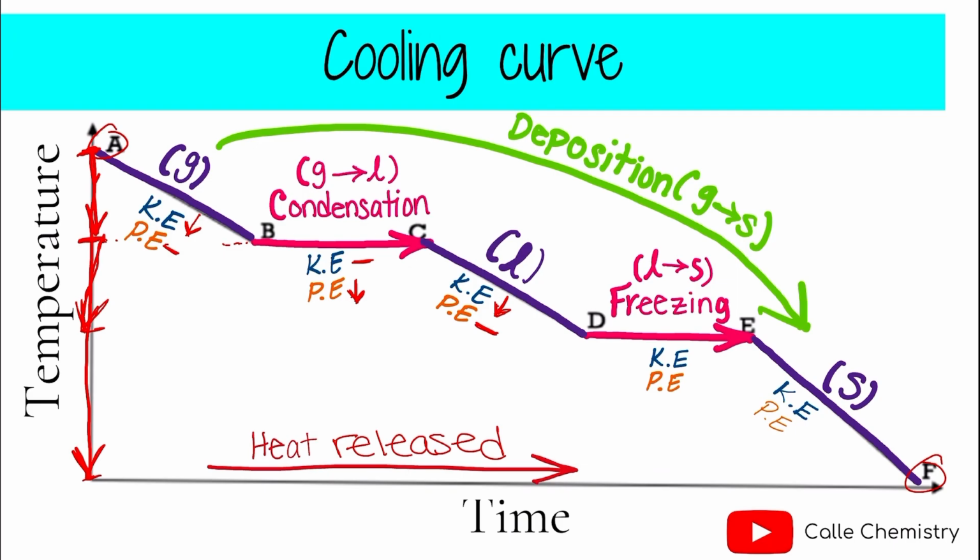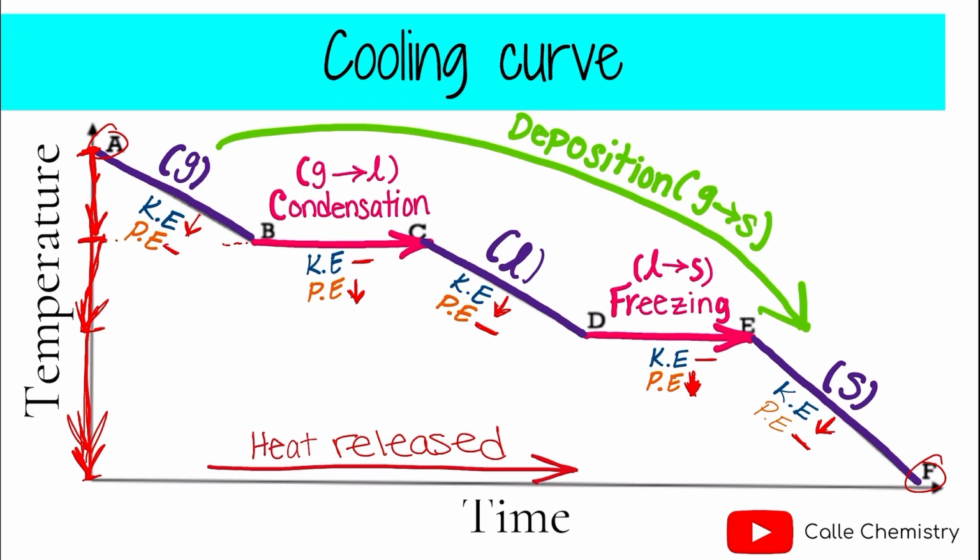This is at one temperature, so the kinetic energy is constant and the potential energy is decreasing. And the last one, EF, the solid. Once again, temperature is decreasing, so the kinetic energy is decreasing and the potential energy is remaining constant.